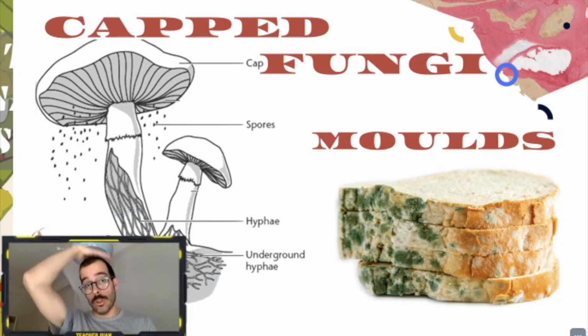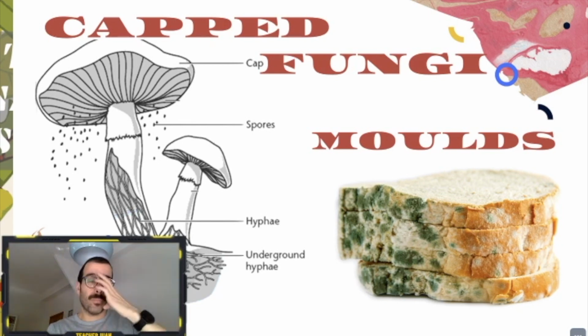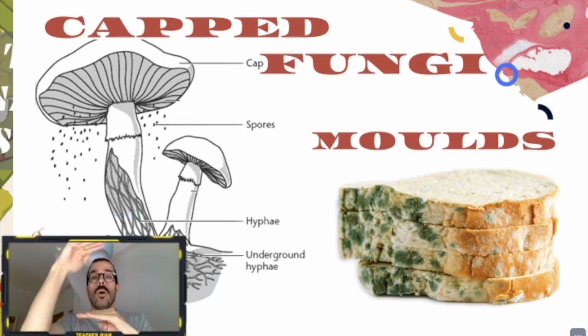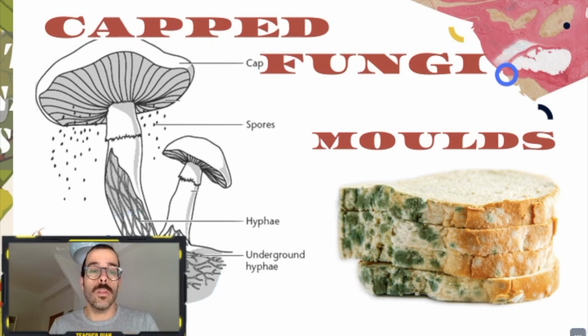So cap on top, and just below the cap they've got spores that they release, and then we've got the hyphae, the filaments of cells that form the mushroom. You can see these filaments are over the surface of the ground, or underground, okay. So these are capped fungi.